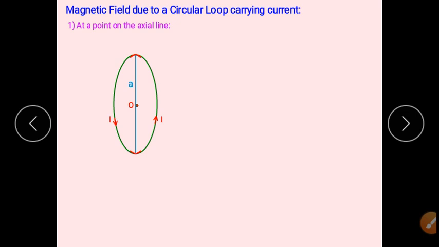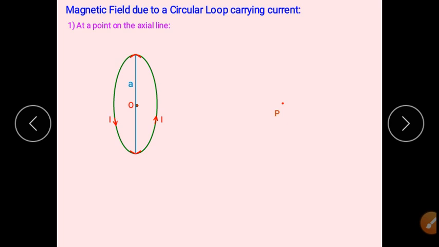And a current I is passing through it in the direction as shown in figure, that is, in the anti-clockwise direction. We are going to find an expression for magnetic field at this point P. What will be the magnetic field at the point P due to this current carrying loop?